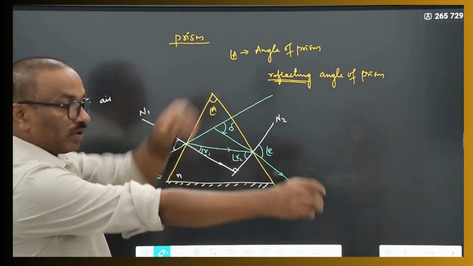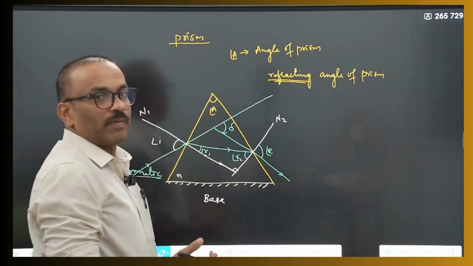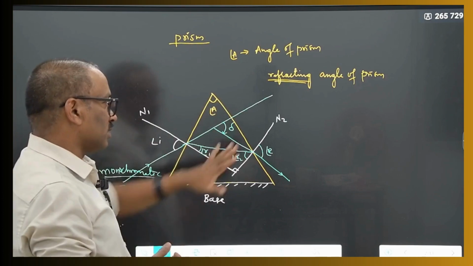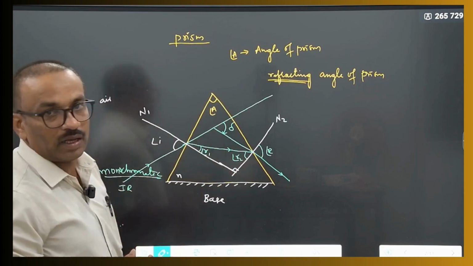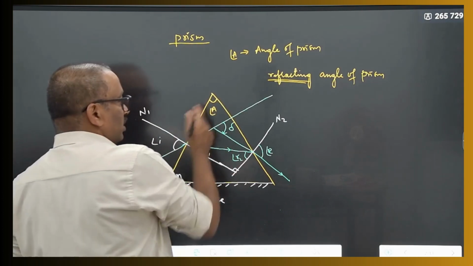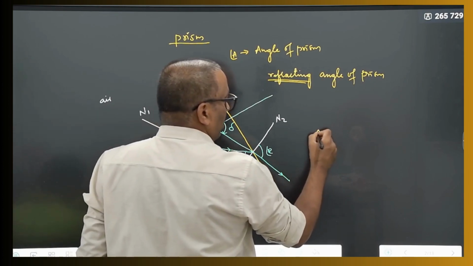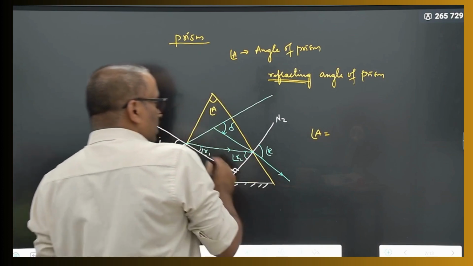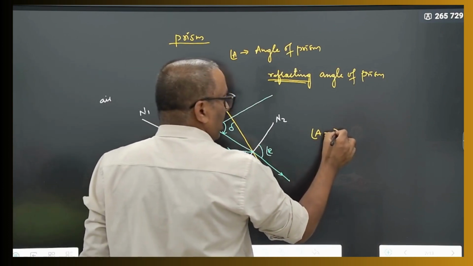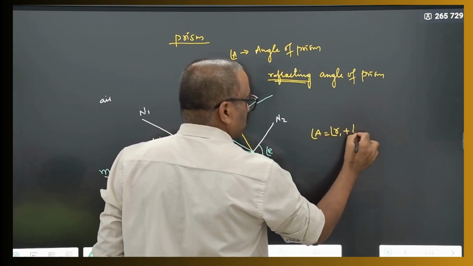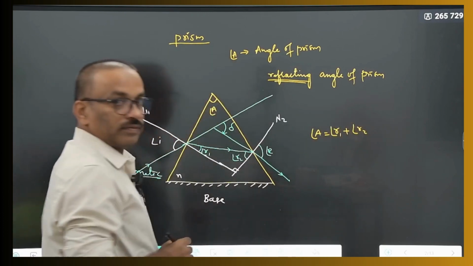You can remember this. For any type of prism, this formula is applicable. The angle of prism A will be equal to the sum of the angles of refraction, R1 plus R2.